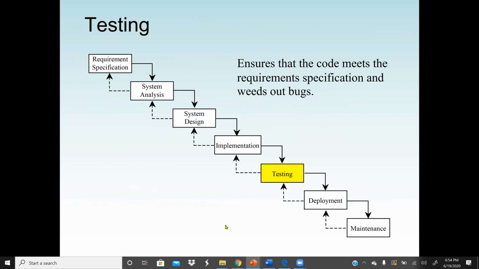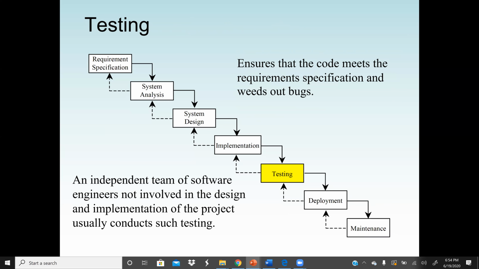So in the testing phase, this is where we make sure there are no bugs in our code or program. So we have to weed out all bugs and ensure the code again meets the requirement specification. An independent team of software engineers not involved in the design and implementation of the project usually conducts the testing.